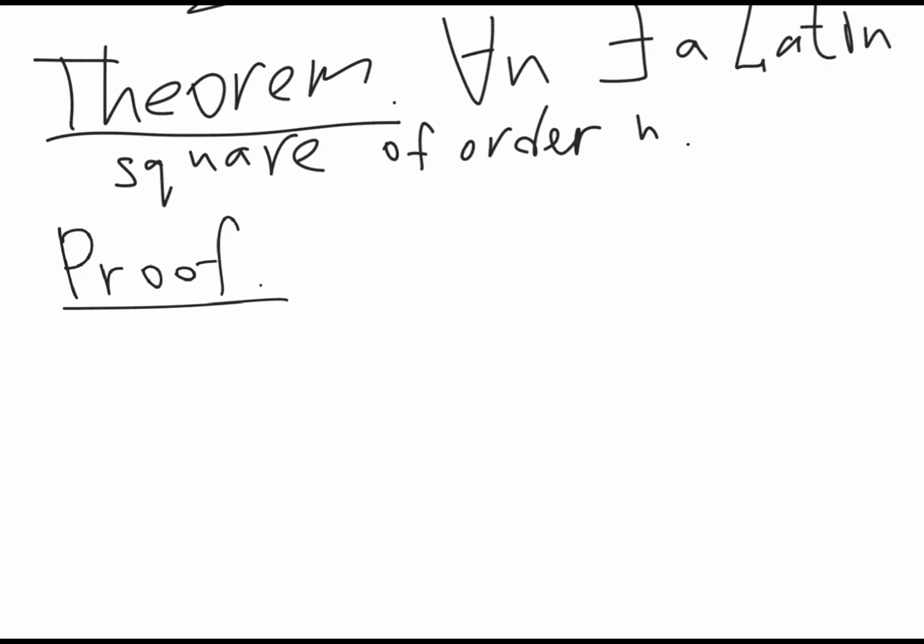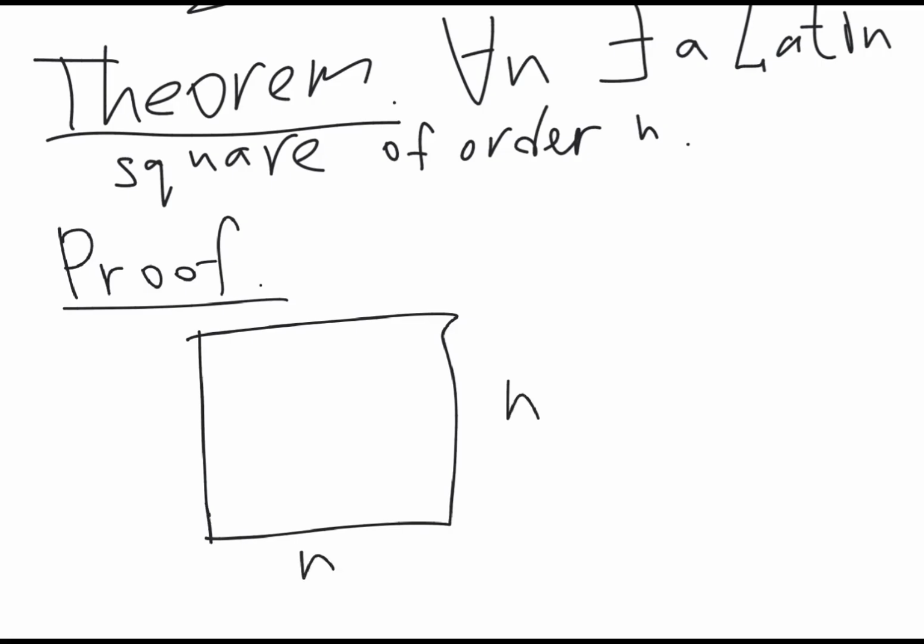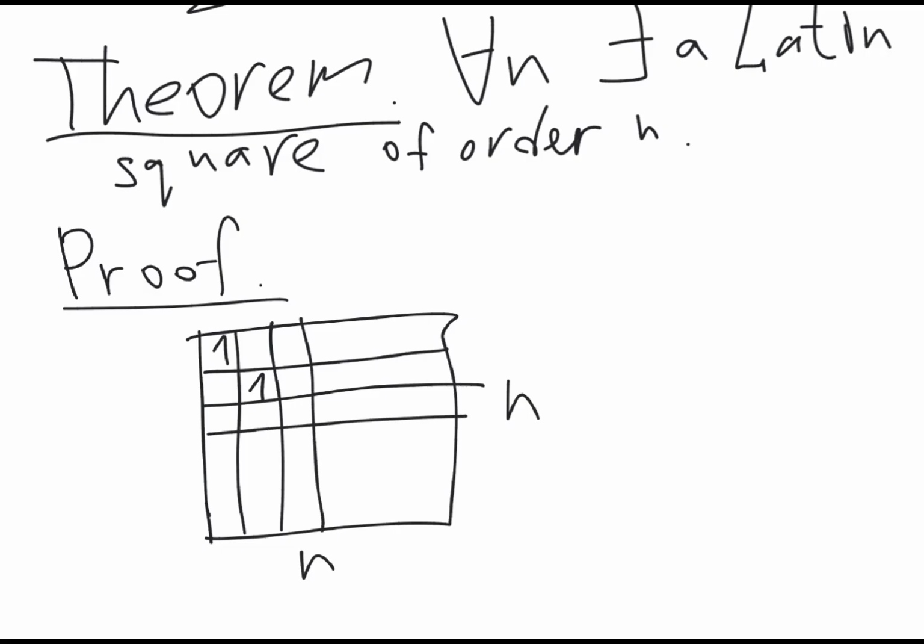So we have our table n by n, and what we do basically is we put 1 on the main diagonal. So we fill the main diagonal with 1s, and the last would be here.